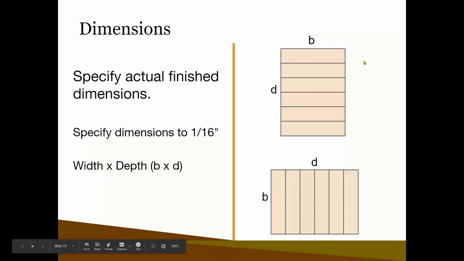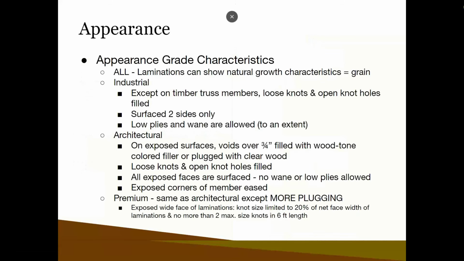And one thing that is important to know when you're specifying the dimensions is we always list the glue line width first, because that tells us what size of lumber we need to use. So say it's 6.5 by 8 1/4. You flip it on its side, it doesn't become 8 1/4 by 6.5. It stays 6.5 by 8 1/4. Its orientation is just different.